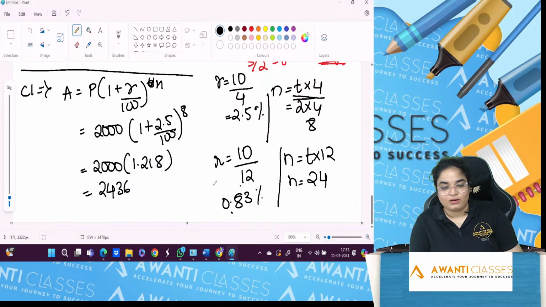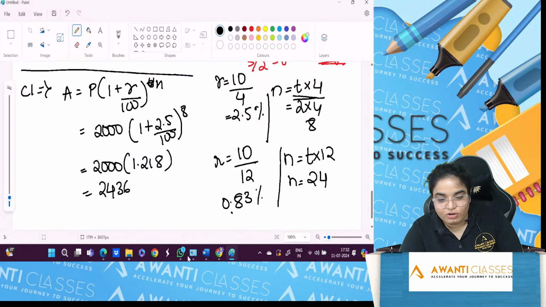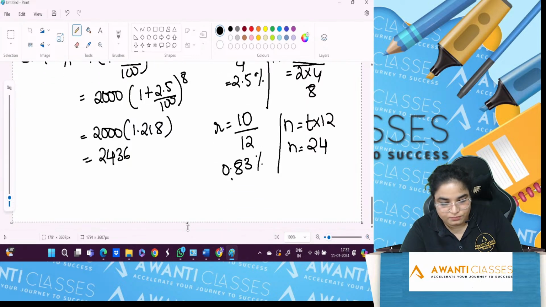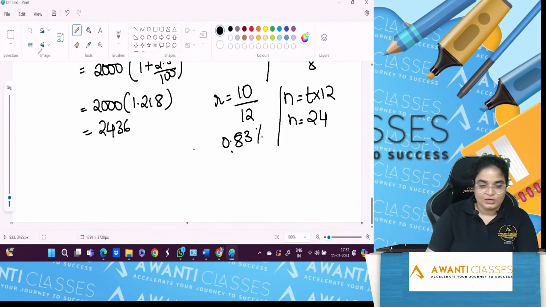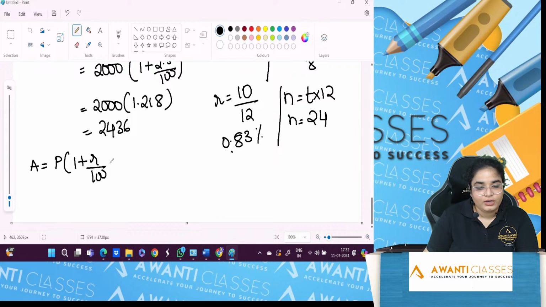Now, what is the formula that we are getting? A is equal to, again, P into 1 plus R by 100 to the power of n.